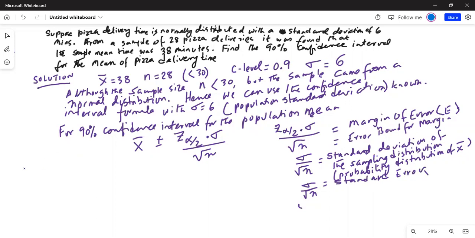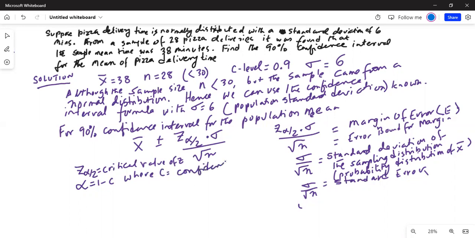So now I have to define what is z alpha by 2. So z alpha by 2 is called the critical value of z. What is alpha? Alpha is 1 minus C, where C is confidence level.